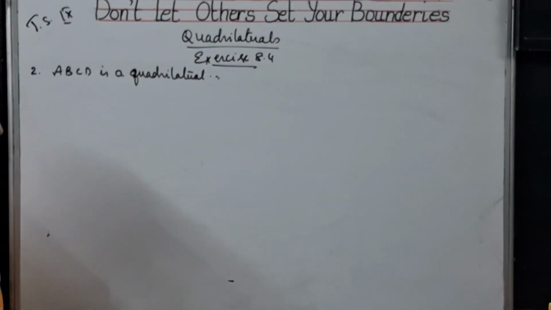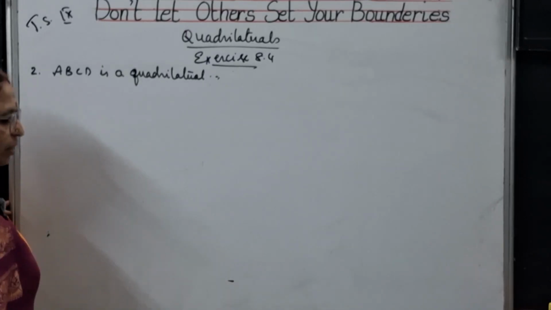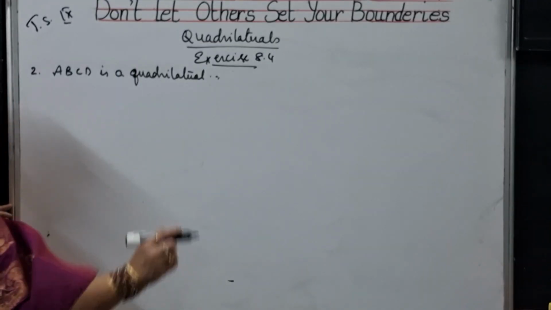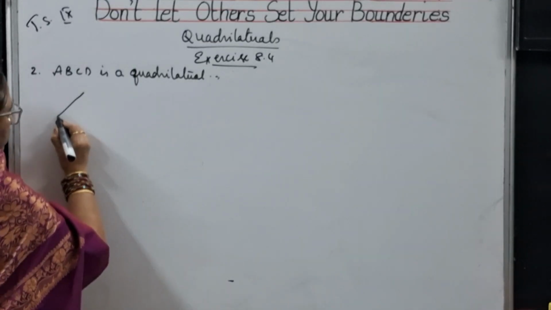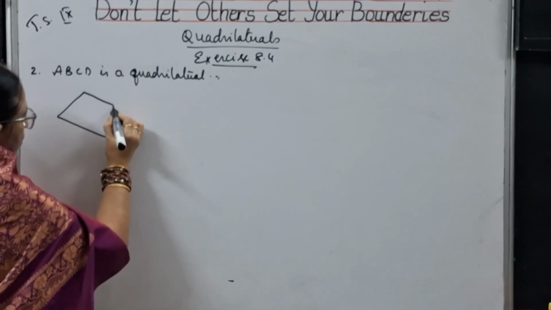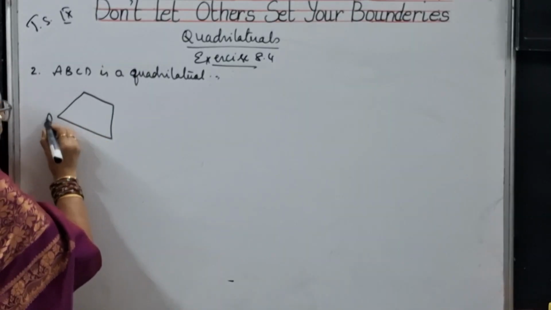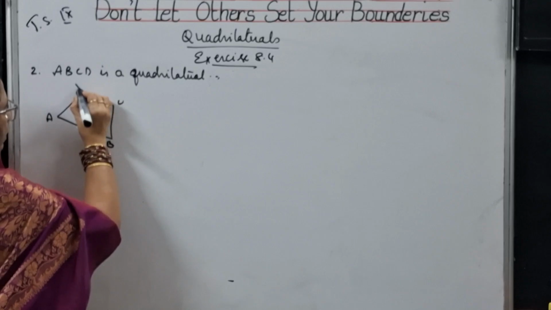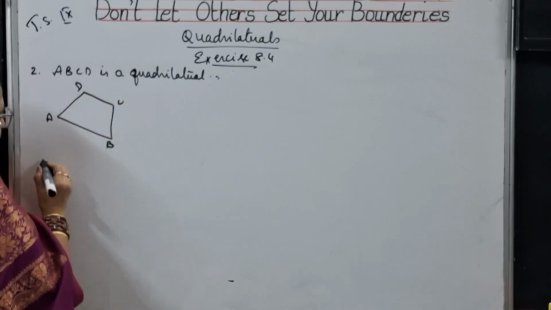Now second problem, children. ABCD is a quadrilateral. E, F, G, H are the midpoints of AB, BC, CD and DA respectively. Prove that EFGH is a parallelogram. So let me draw a quadrilateral. A, B, C, D is a quadrilateral.